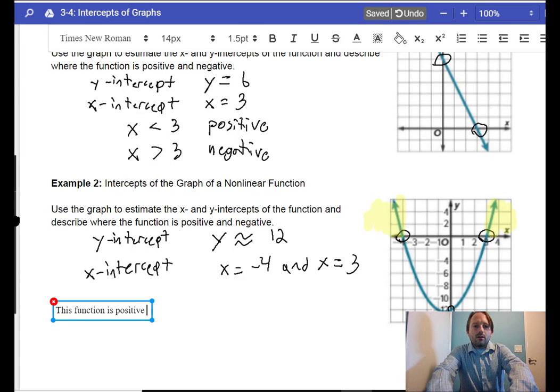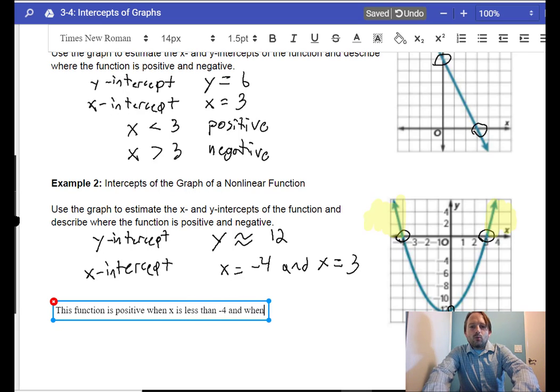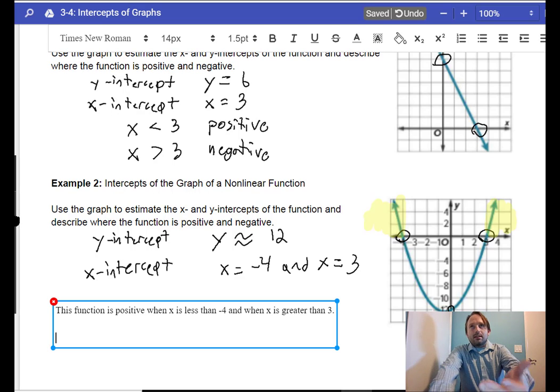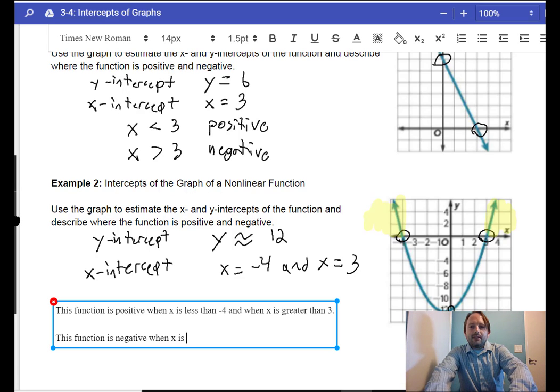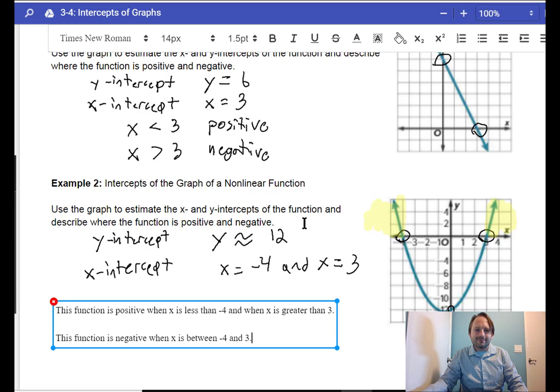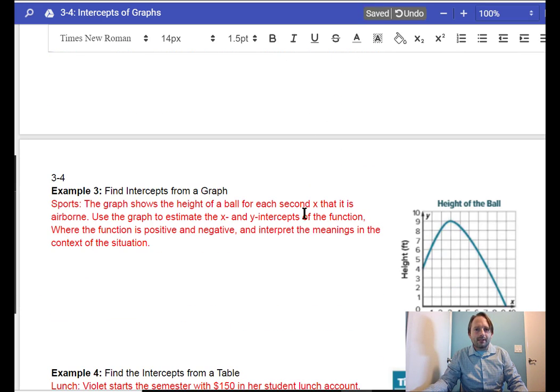It's positive when x is less than -4 and when x is greater than 3. So now I have to explain when it's negative. All right, this function is negative when x is between -4 and 3. All right, there we go. Let's go on.